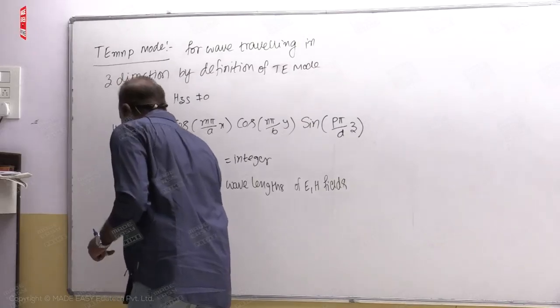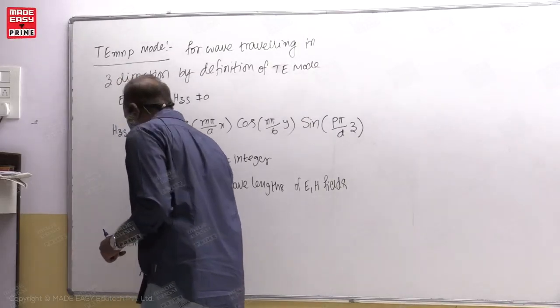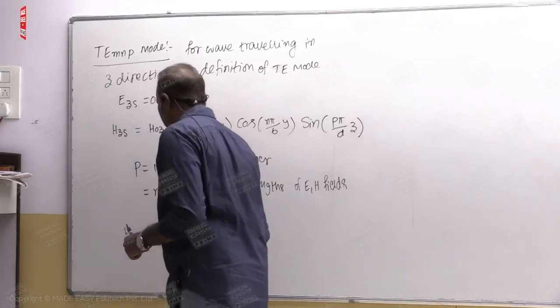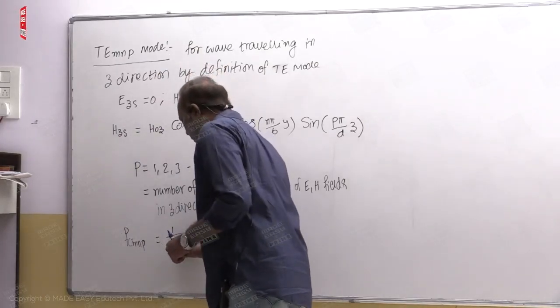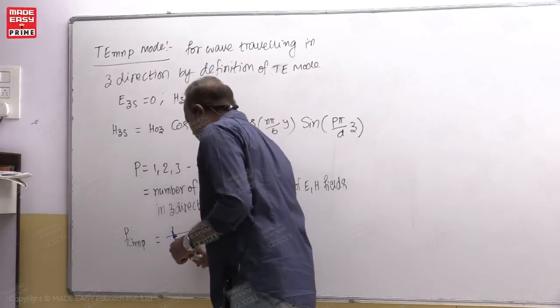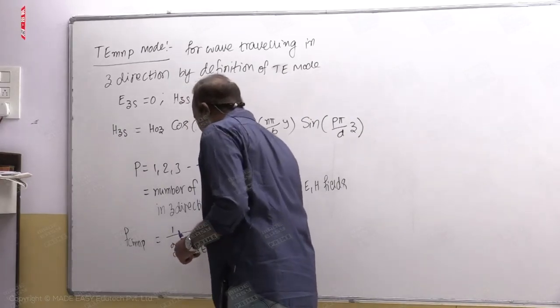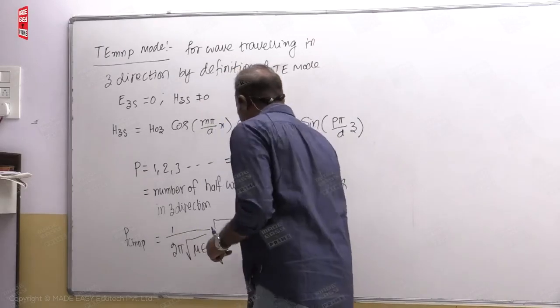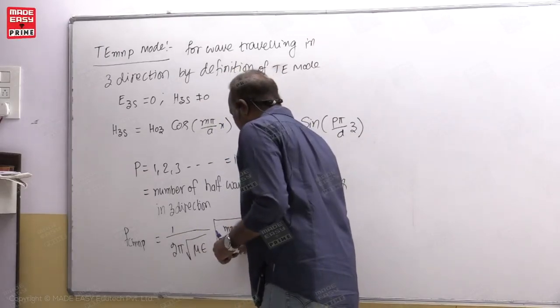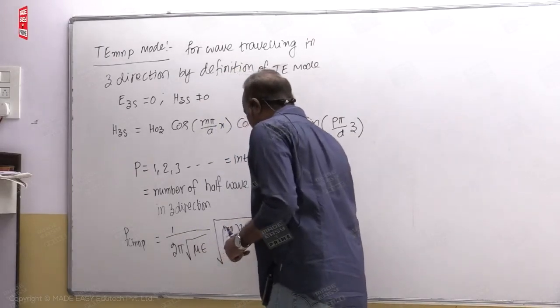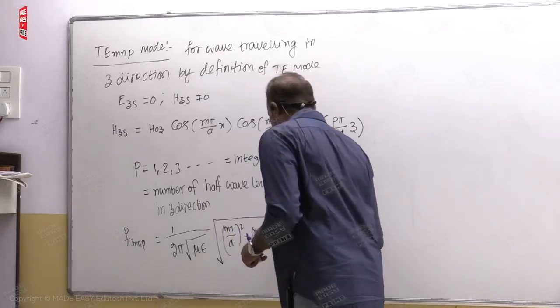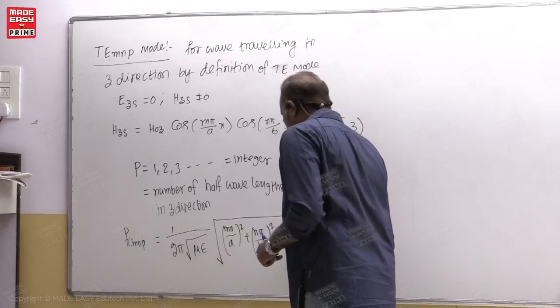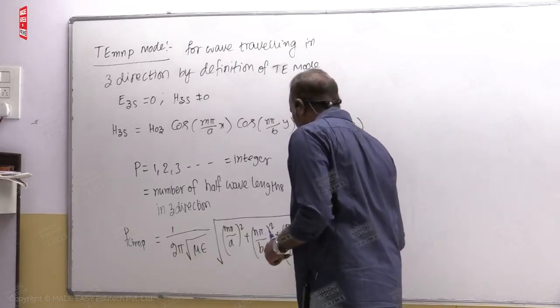Now FCMNP, cutoff frequency for MNP mode, the formula is like this, students. Already you have seen at the beginning, 1 by 2 pi root mu epsilon root of m pi by A whole square plus n pi by B whole square plus P pi by D whole square.